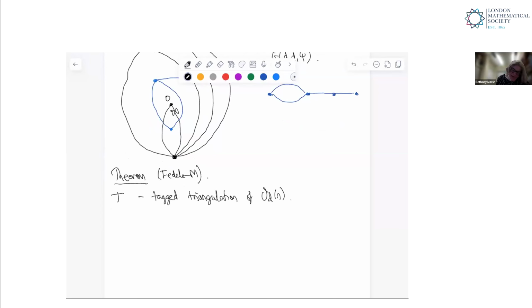And then we have n braids corresponding to the edges of the dual graph. They generate BDDN. So they generate this braid group.